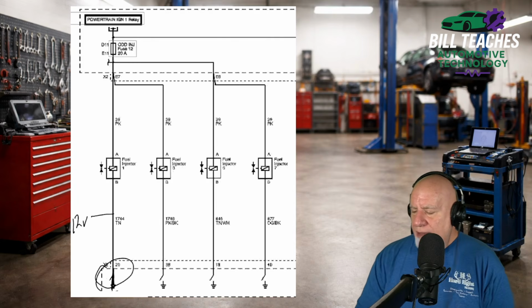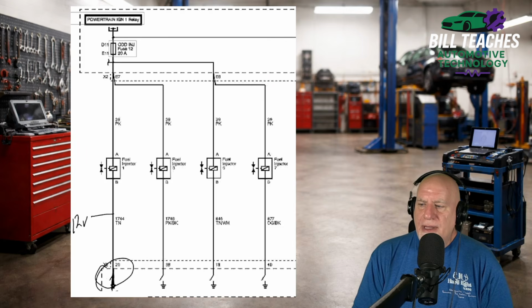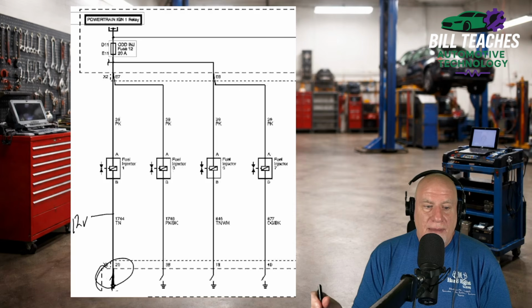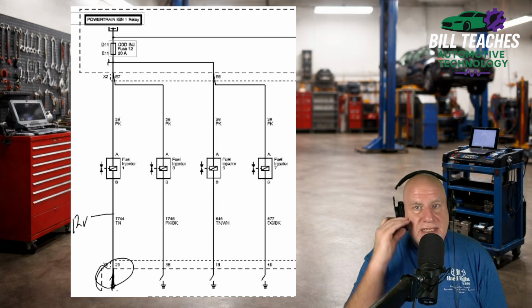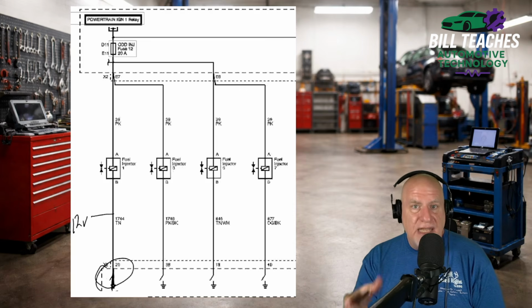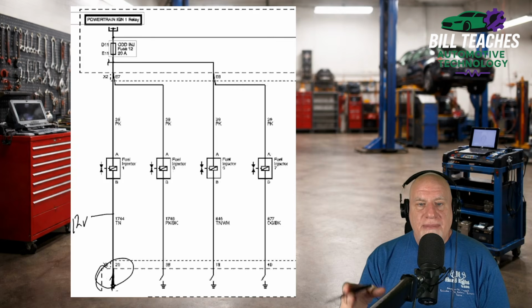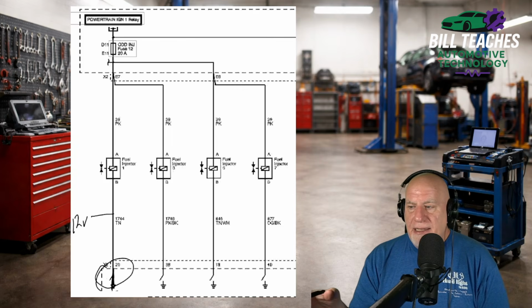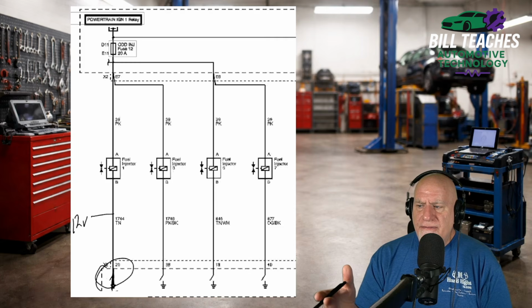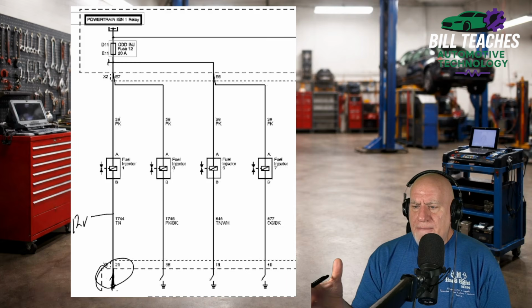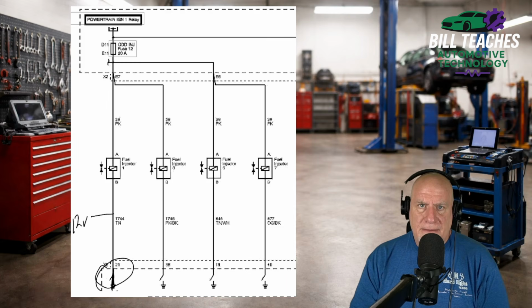So let's talk about what kind of code we would see now, because you probably will see a trouble code come up. Now, off the top of my head, I cannot think of a particular trouble code, but it would be a trouble code saying something to the effect of fuel injector 1, ground circuit high.